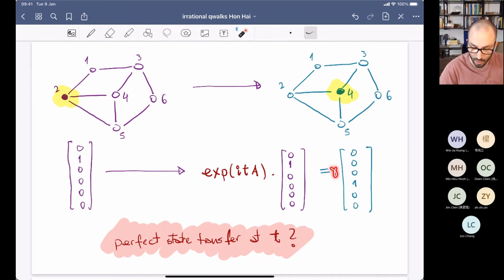Perhaps multiplied by a global phase, but this doesn't really matter, and we don't need to worry about this at all. And this is exactly the definition of perfect state transfer at a particular time.